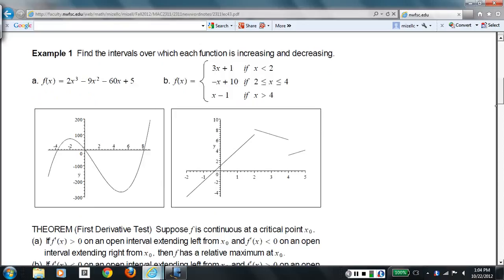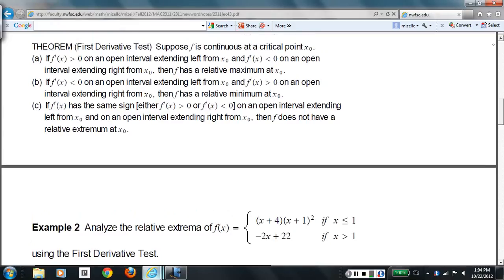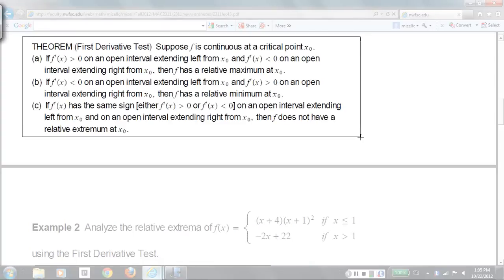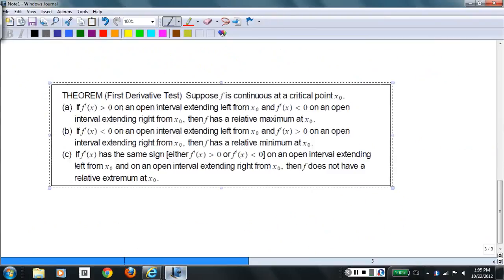But we did example 1, is that correct? We did example 1 to indicate where it's increasing and where it is decreasing. Let's pick up with the first derivative test here in section 4.3.